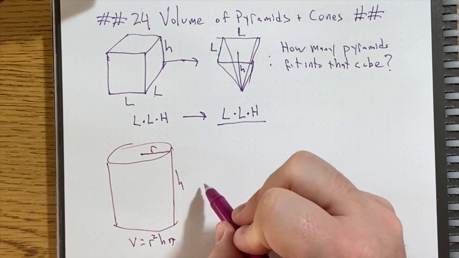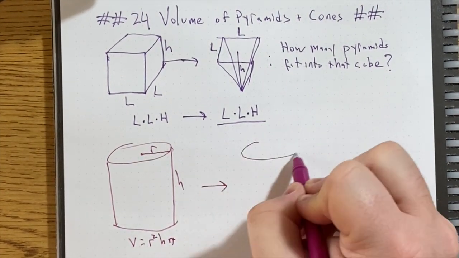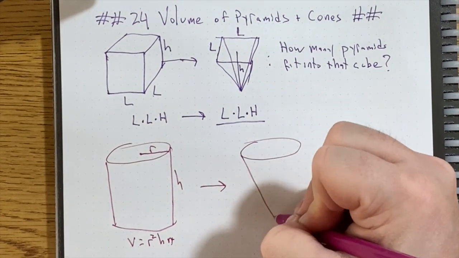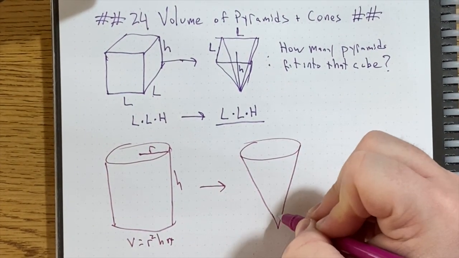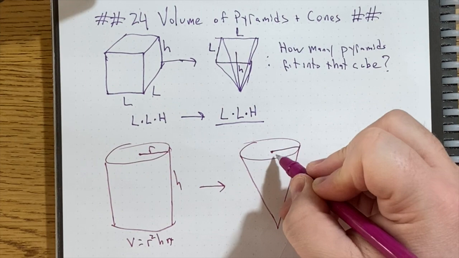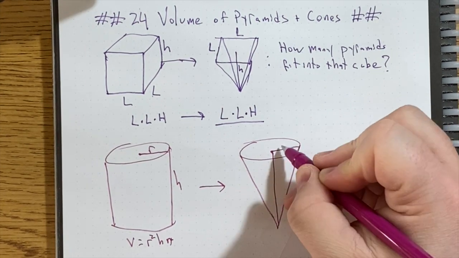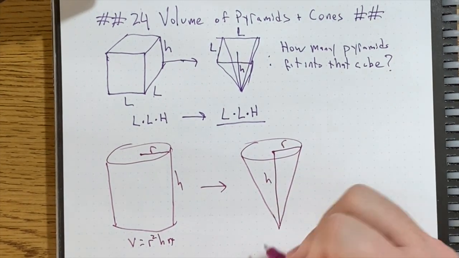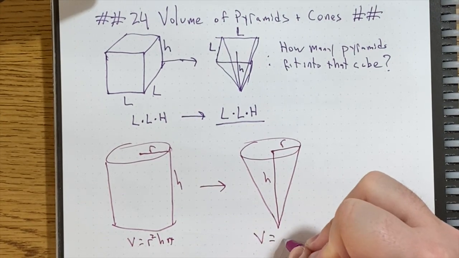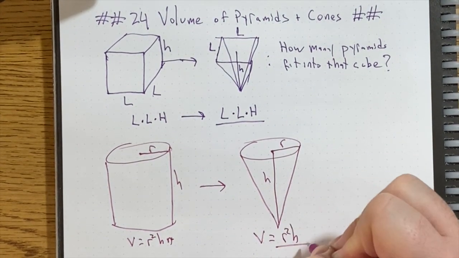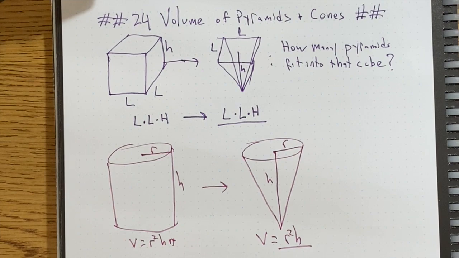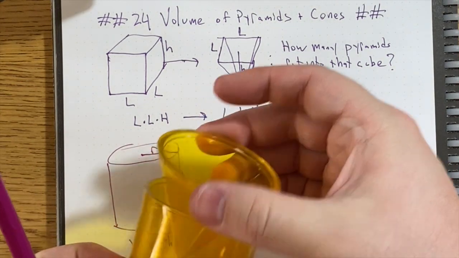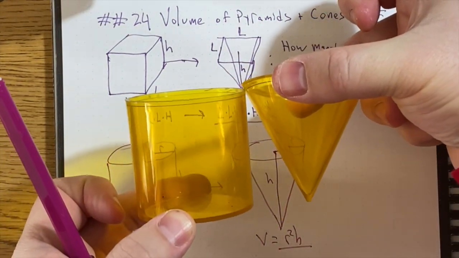If we do the exact same thing, just turn it into a cone, cutting it away so it's going to get smaller, which is why we're going to end up dividing. We know this is R and this is H. V equals R squared H pi divided by however many of these cones will fit into this.